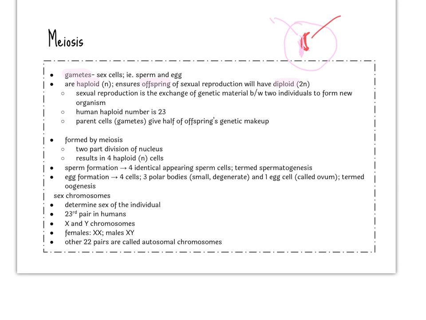So sexual reproduction is the exchange of genetic material between two individuals to form a new organism. It is the exchange of genetic material, because what has that genetic material? Those are found in the gametes, because every cell has them.